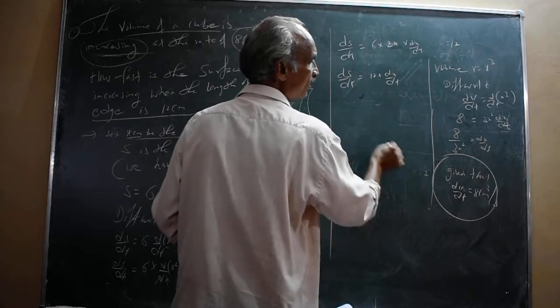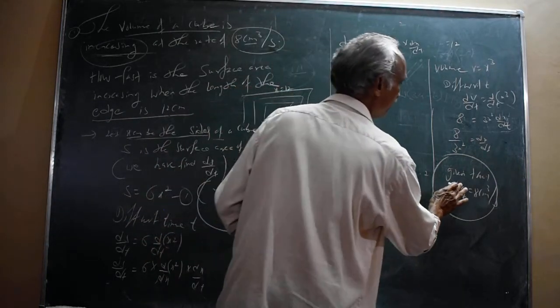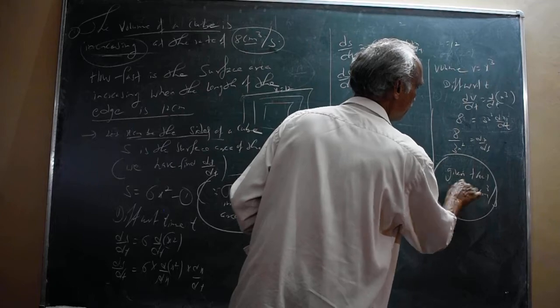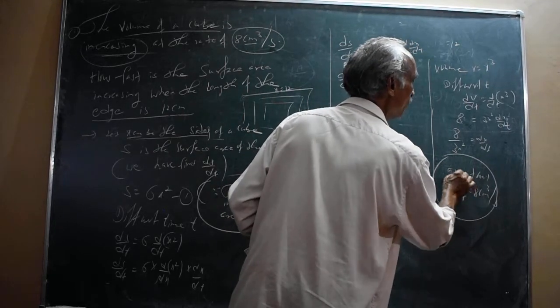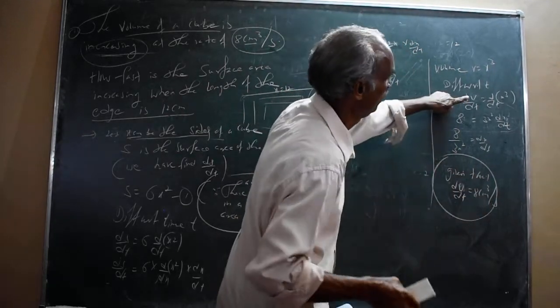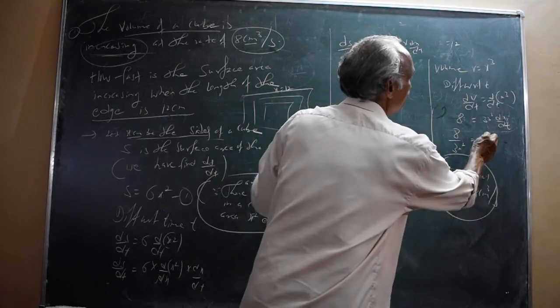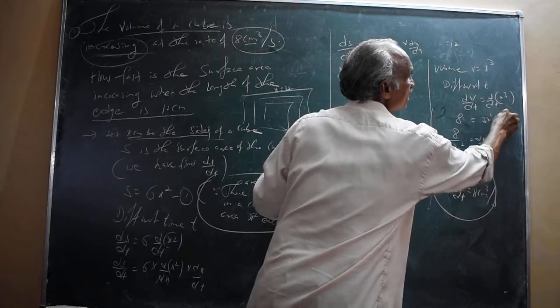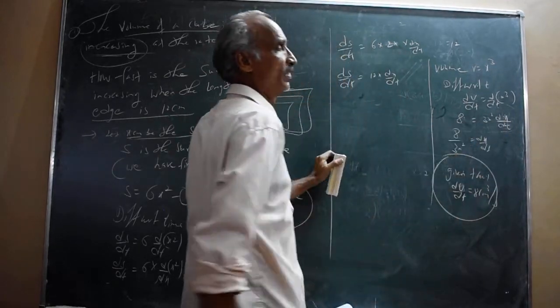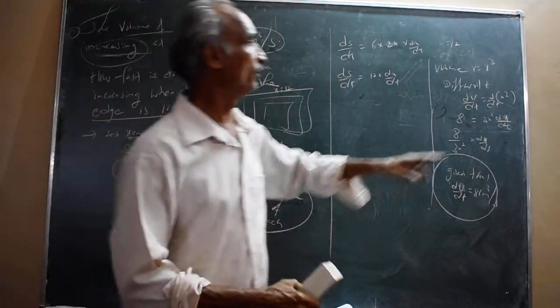Therefore, let us run with this dx by dt. The given volume rate dV by dt is 8 cm per second. Therefore, dV by dt is 8, and we cross multiply to get dx by dt.